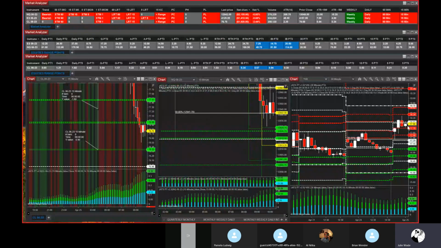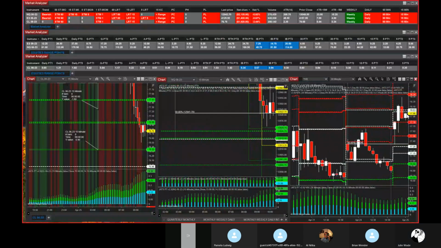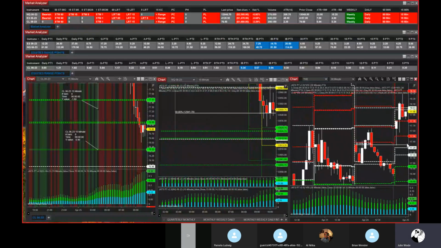But the VIX is trapped. It's not going anywhere. VIX is trapped. That's a bear trap. VIX is on the daily ones and weekly one. That is support.